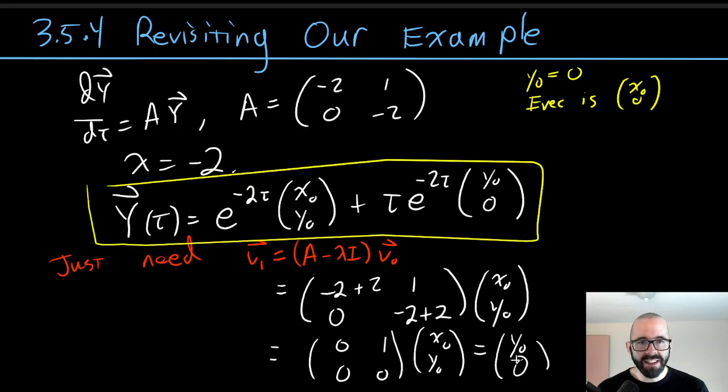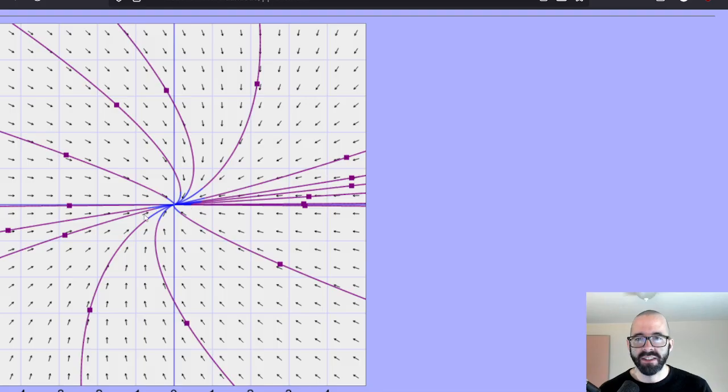And if this is not 0, then our eigenvector is y naught, 0. Either way, our eigenvector is strictly horizontal, which is exactly what we saw for our straight line solution.